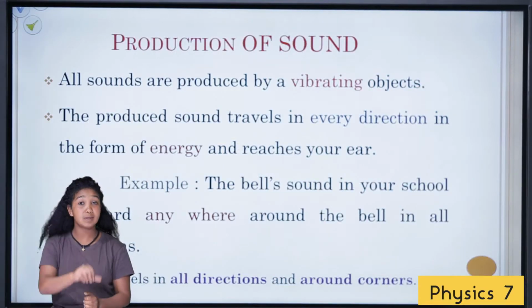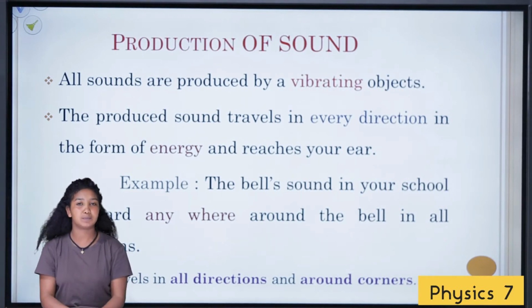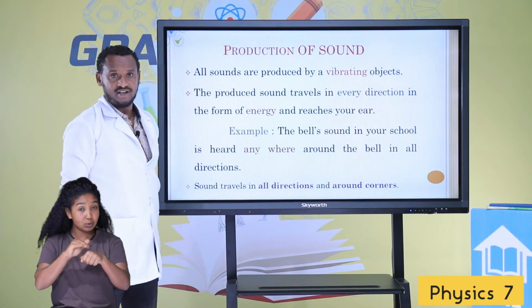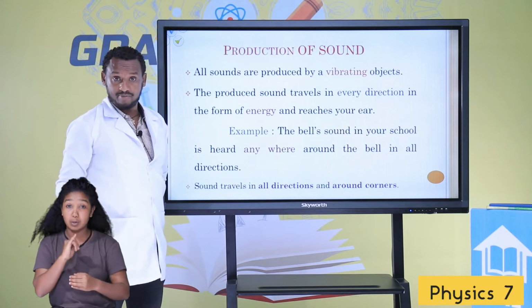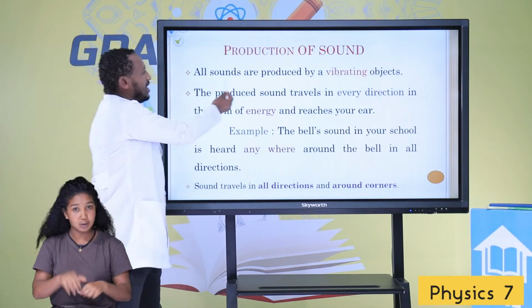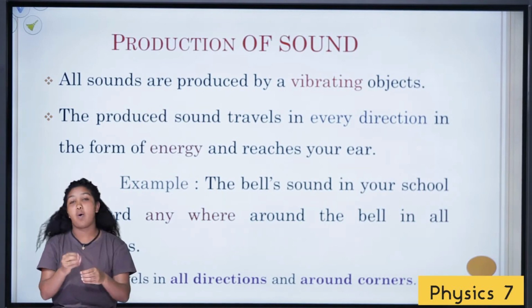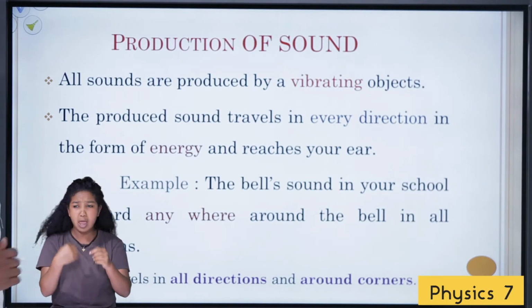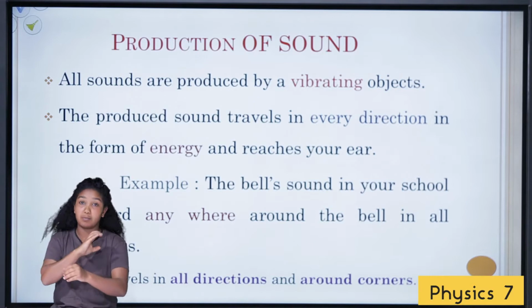And the other point is production of sound. All sounds are produced by vibrating objects. As I mentioned before, every source of sound is vibration. The produced sound travels in every direction in the form of energy or in the form of a wave.